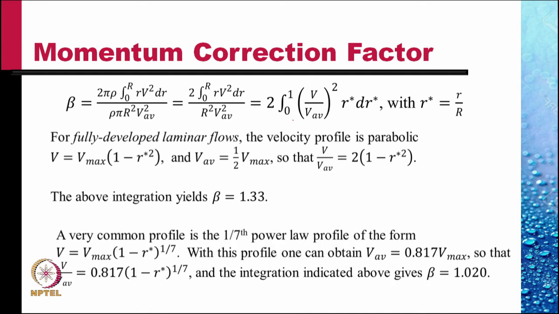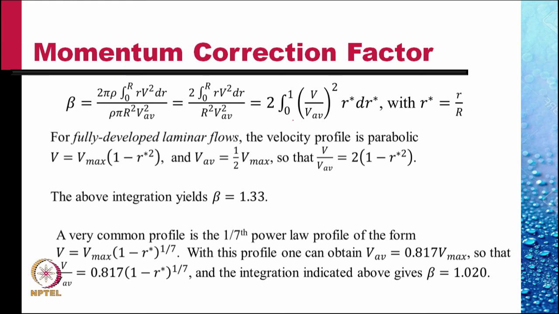If we had used a turbulent flow, a very common profile is the 1/7 power law profile of the form V is equal to V max into 1 minus R star raised to power 1/7. And with this profile, we can obtain V average as 0.817 V max.